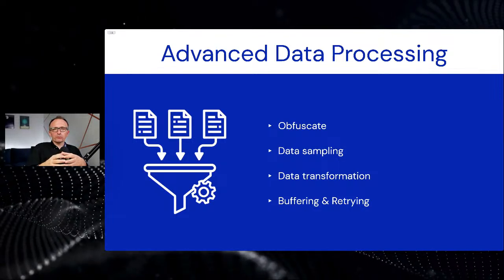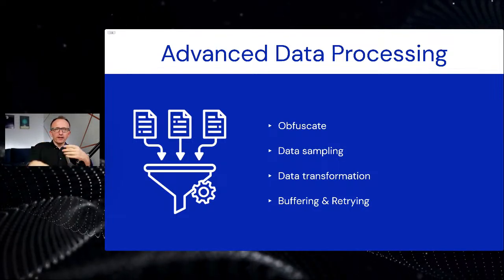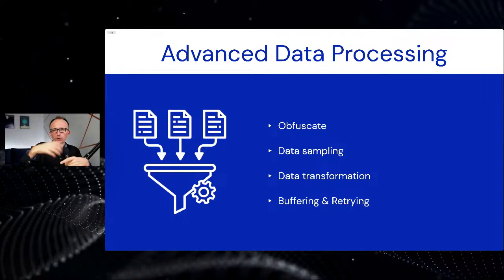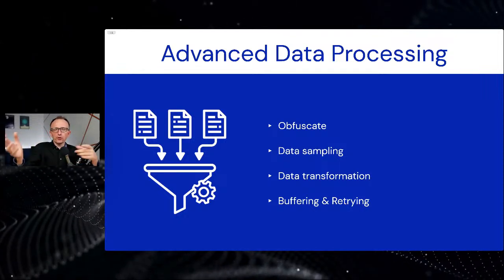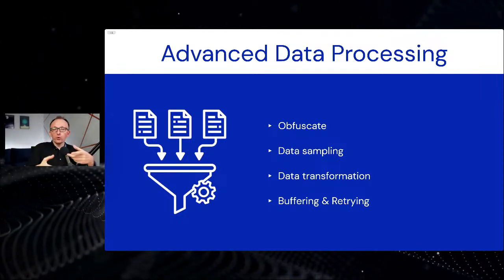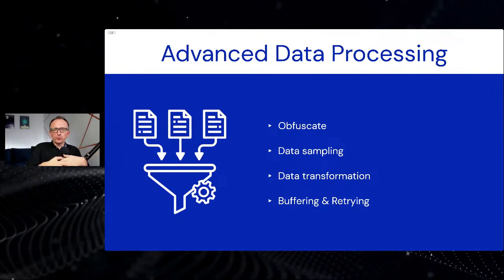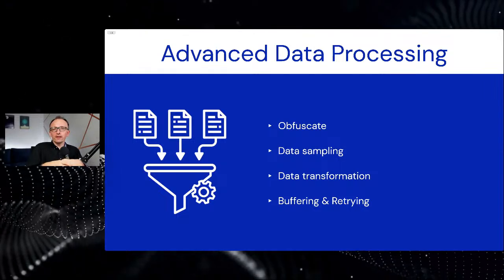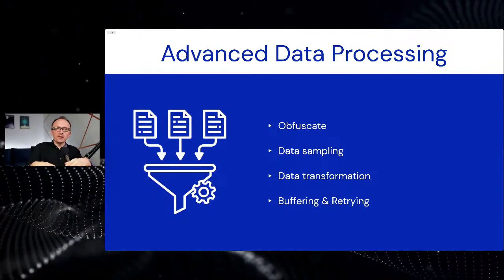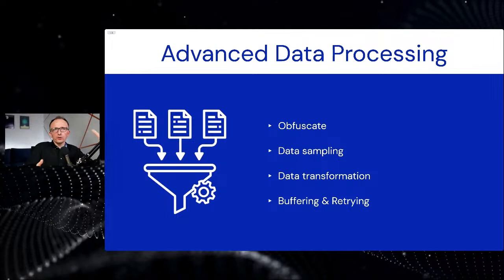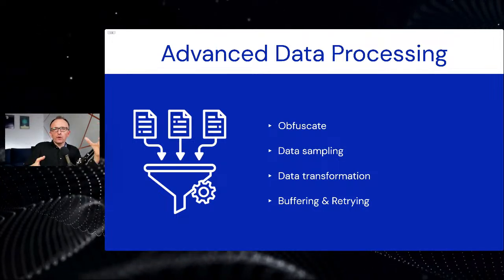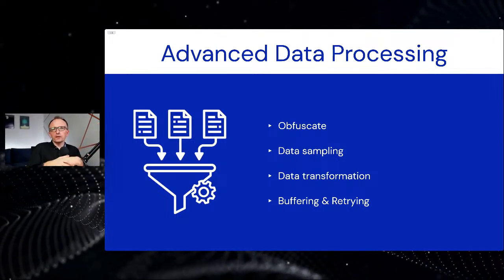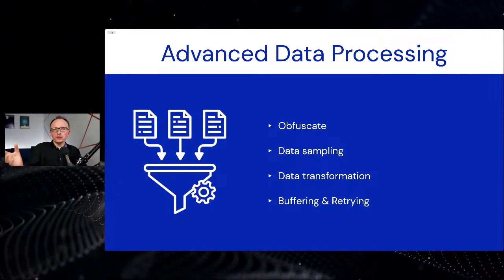So instead of initiating a connection to your backend whenever a log entry is produced, OpenTelemetry can create a batch of, I don't know, a thousand logs or a thousand metrics and send it in a single connection.